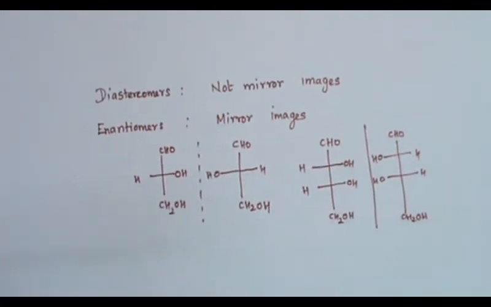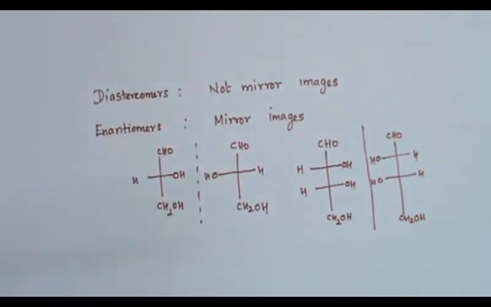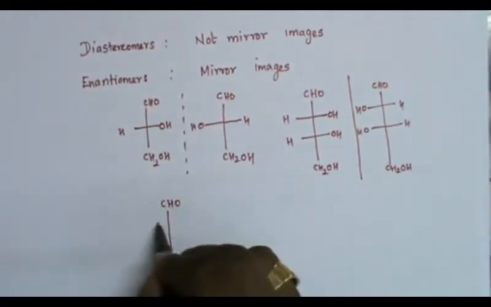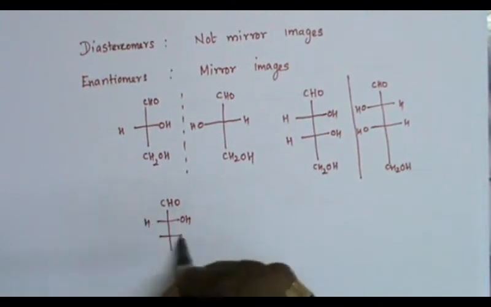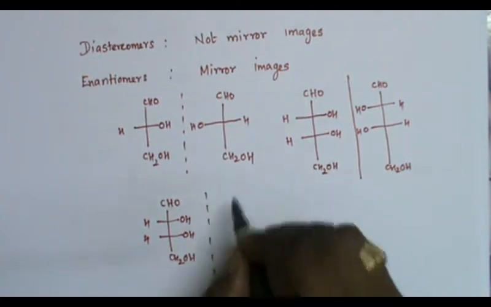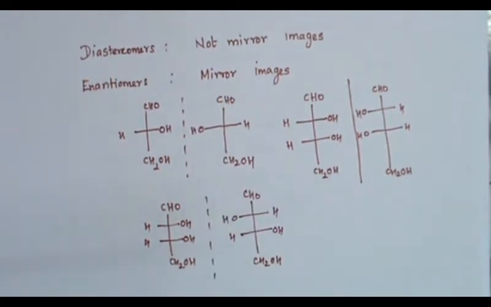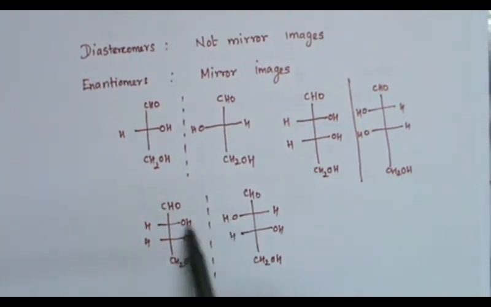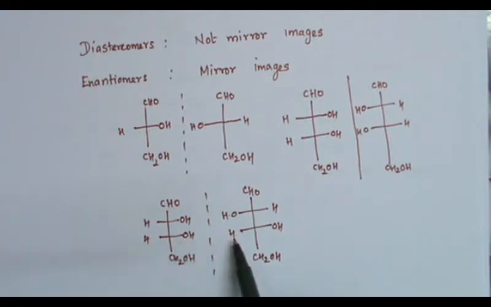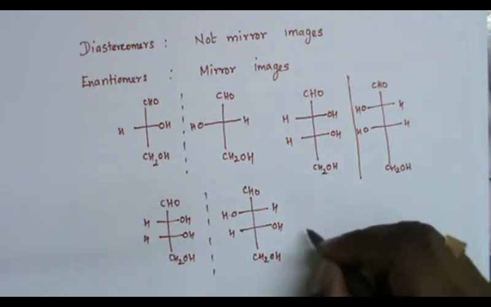So these 2 are enantiomers. Like this, for any stereoisomer, you can go for the mirror image, that will be the enantiomer. On the other hand, if you go for this, the OH is here, so that is mirror image, but here I have OH, this side it is hydrogen. So this is not the mirror image of this molecule. So these are called diastereomers.